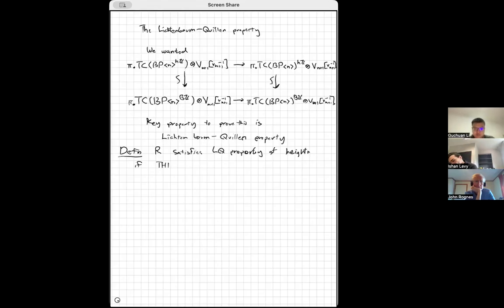So you want THH of R to be bounded below. This isn't really the main part of the condition.